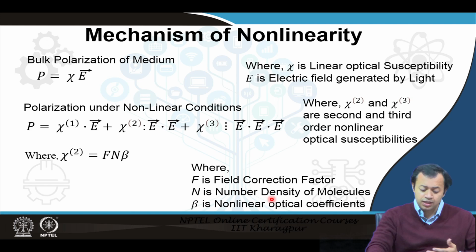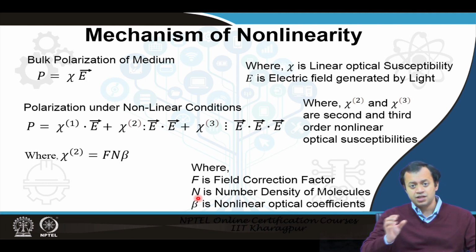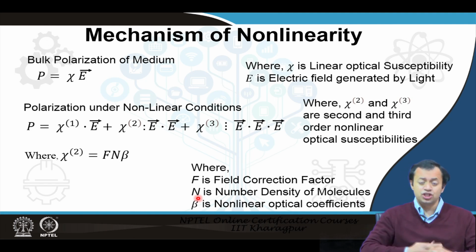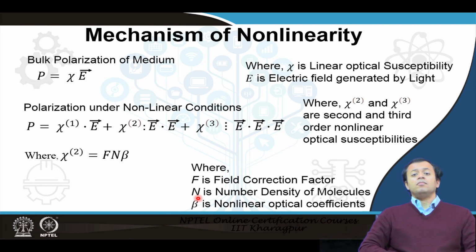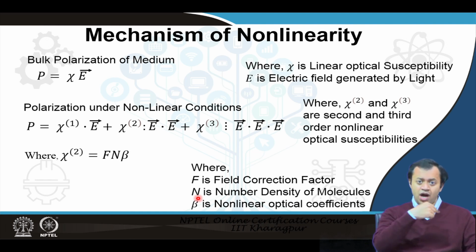N is the number density of molecules, how many are there, and beta is of course the nonlinear optical coefficient. There are several coefficients coming up, and beta is different in different directions, beta is different in different conditions, etc. Moral of the story, if the distribution of the electron is non-uniform in x, y and z direction, what we in optics call anisotropy, right, the electrical property or the optical property in x, y and z direction is also going to be different.